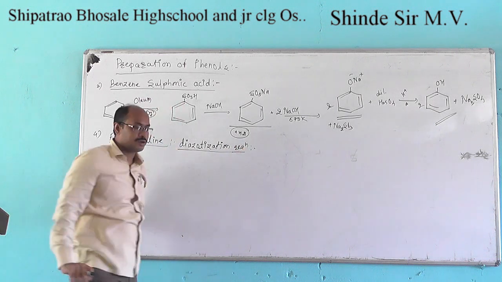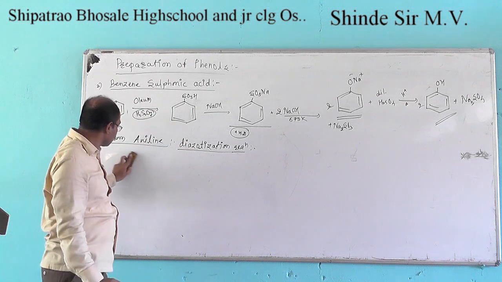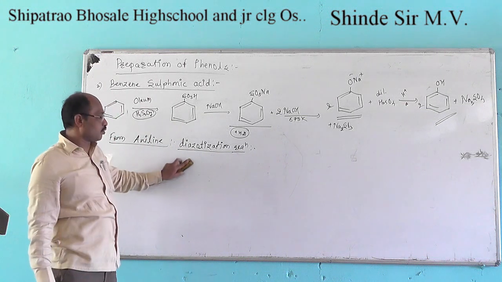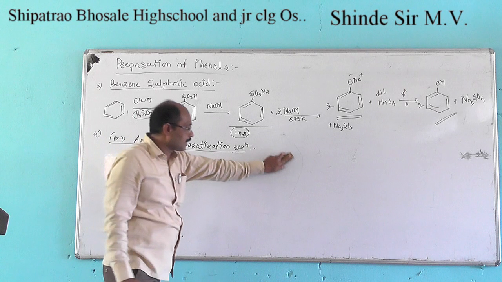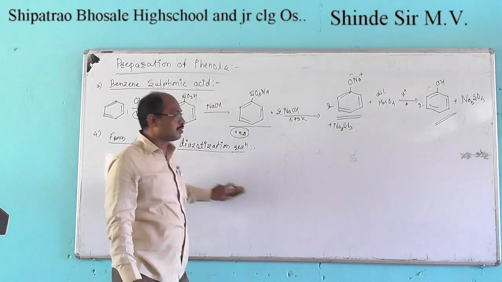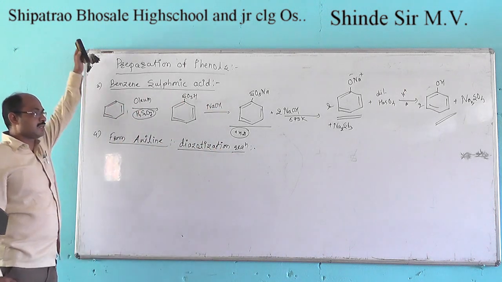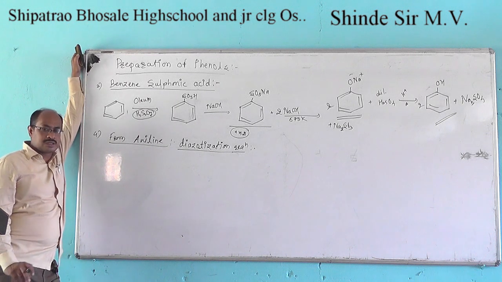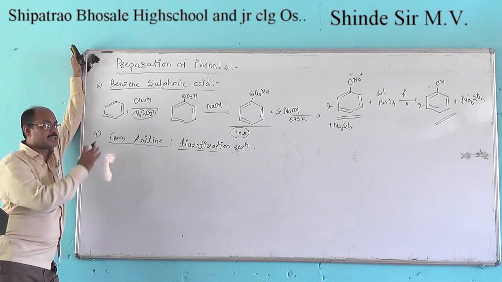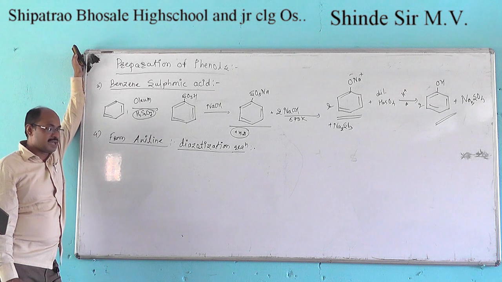Diazotization means formation of a compound which has the presence of two nitrogen atoms. Nitrogen is known as azo. We are having the formation of a compound which has a pair of nitrogens, so it is considered a diazotization reaction.